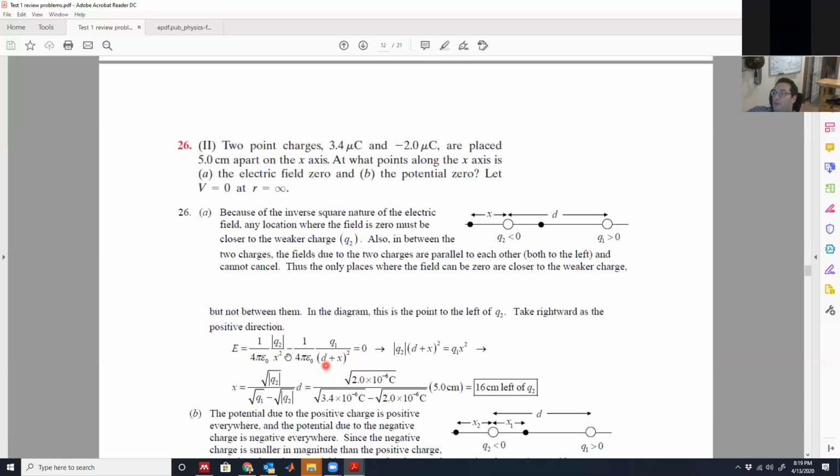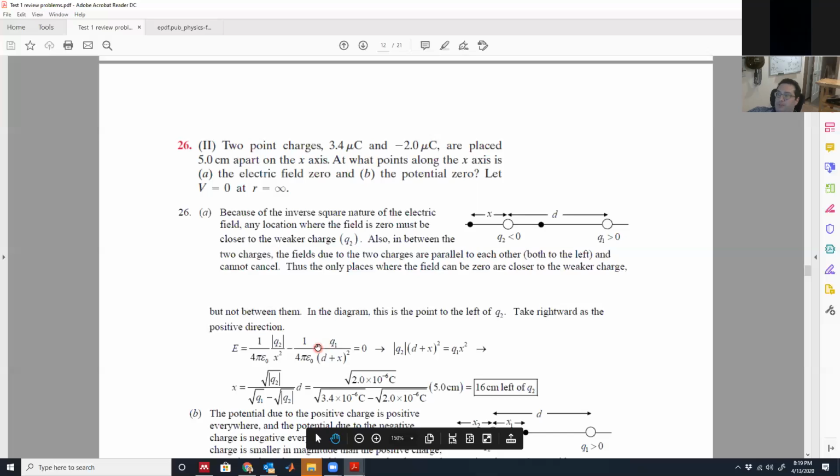So then we write out the equation for the electric field, or the force on a positive test charge. And if you notice, we put the distance in terms of the variables given to us, right? X is this distance from charge 2, and then the distance from charge 1 is D plus X, where D is the distance between charge 1 and 2, plus X.